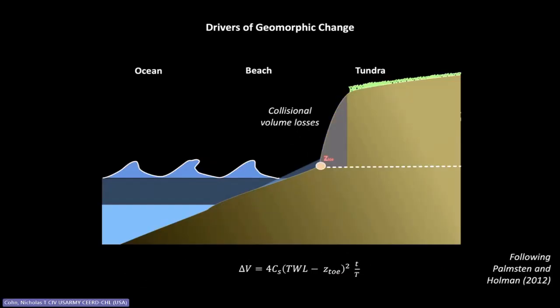Ultimately, what we found from laboratory studies and in the literature is that by and large, volume losses of backshore systems, things like dunes, but also tundra, are related to the amount of freeboard of the wave run-up above the dune toe, or in this case, the tundra toe. And so there's an equation here that aims to characterize the estimated volume losses of material from a backshore cliff based on wave impact theory.